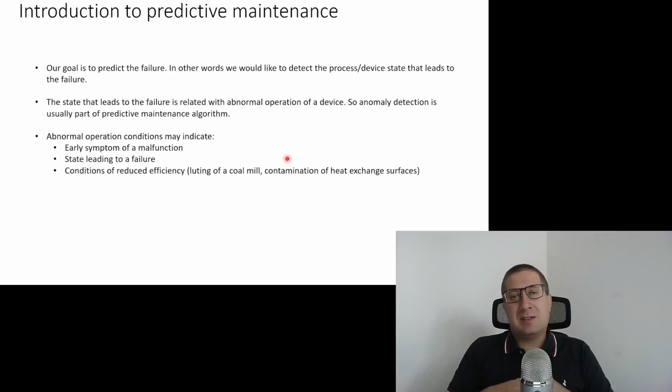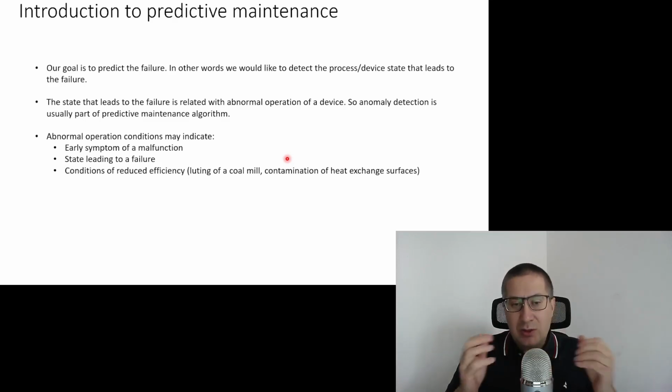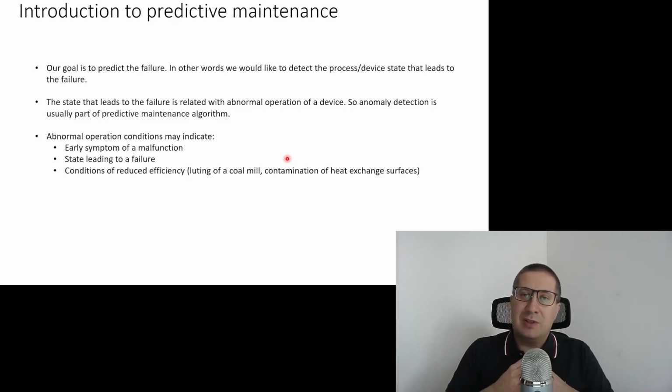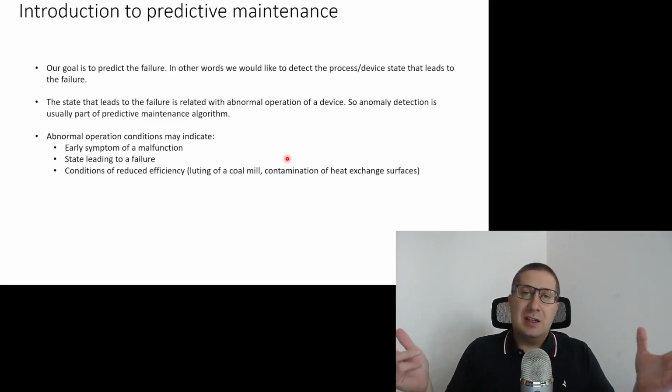For instance, what are such states of decreased efficiency? Diluting of the coal in the mill, the contamination of heat exchangers, right? In case of such heat exchangers, we can try to clean them.